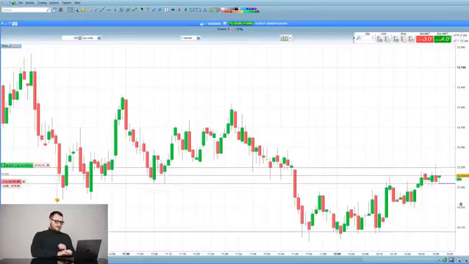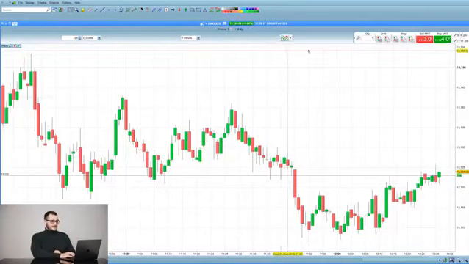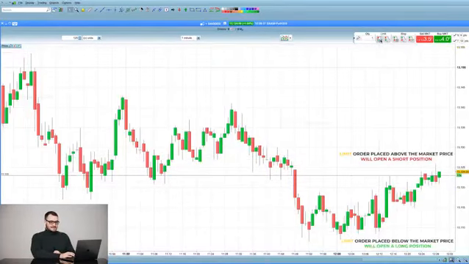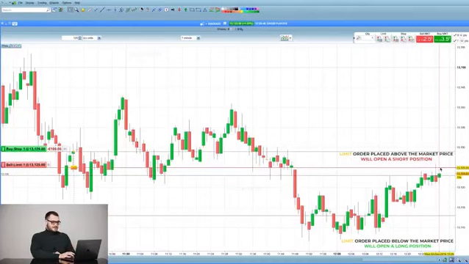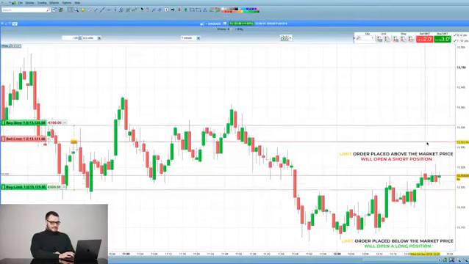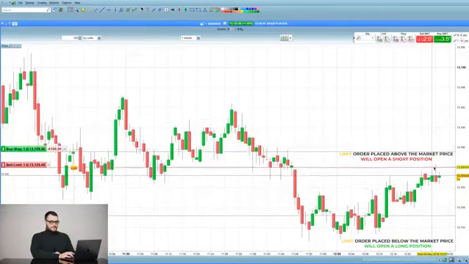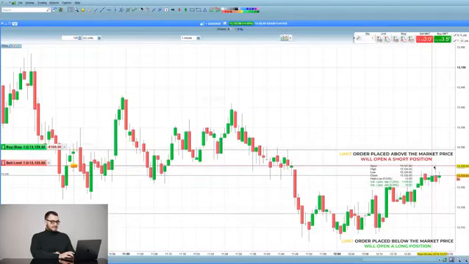But in simple words, all you need to understand is this. Let's close this one with minus 3.75 euro, who cares? The only difference is that there is a market price that you can see right here, which is happening right now. With a limit order, when we place it above the market price, we will be opening a short position when the price comes to this level.